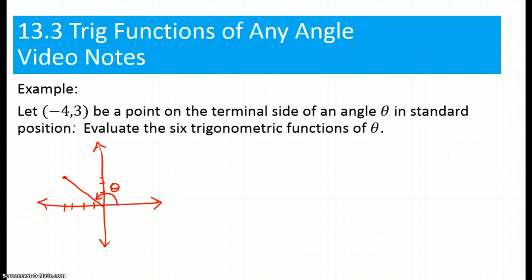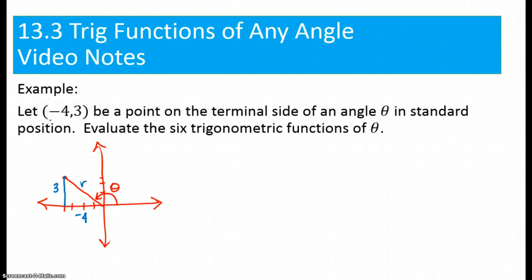Well, what I'm going to do is make my triangle, because if I want to evaluate these, I need my triangle. This side we already know is 3. This is -4. And then I need my r, my radius right here.